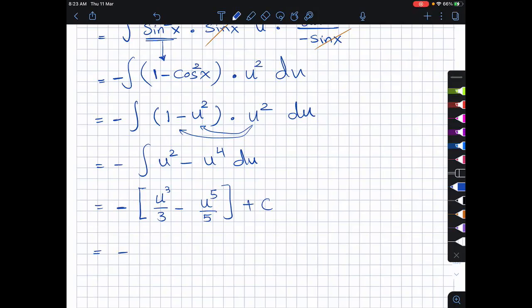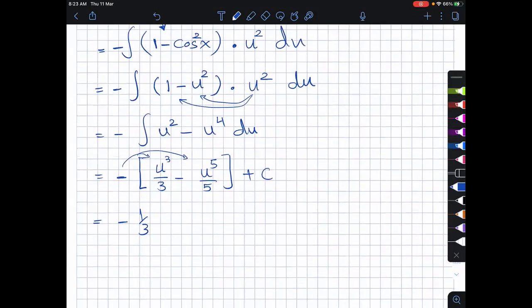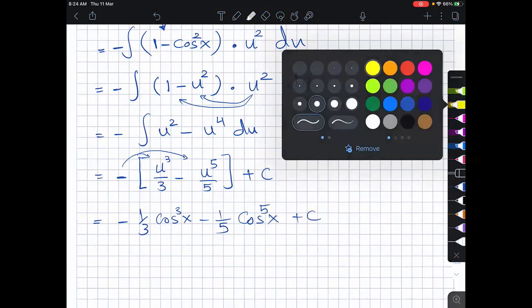Distribute the negative inside: negative u cubed over 3 plus u to the power 5 over 5. And u was cosine, right? Yes. So we have negative cosine cubed x over 3 plus 1 over 5 cosine to the power of 5 x plus c. Right. Very good. Nice, Yarov.